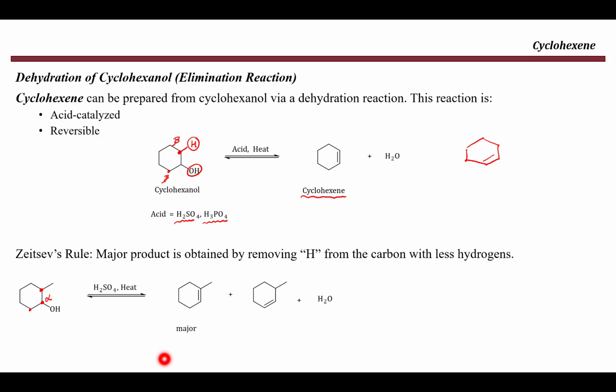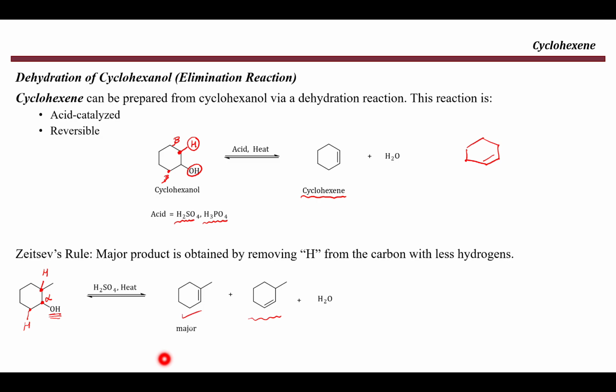So the first product could be this one, which is by removing this OH and this hydrogen which is here. And the second product, which is this one, could be obtained by removing again this OH and the hydrogen from this carbon. So we are going to get two different alkenes.